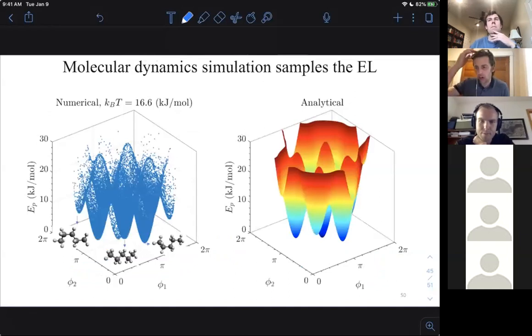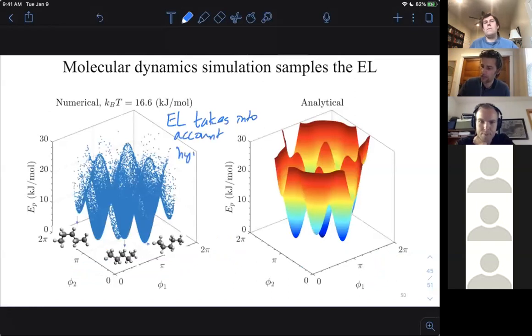So a harder energy landscape that's drawn here is an energy landscape that takes into account the hydrogen energies too. There are many different levels of complexity that you can build into your energy landscape. I had one that didn't even take into account interactions between non-bonded carbons.